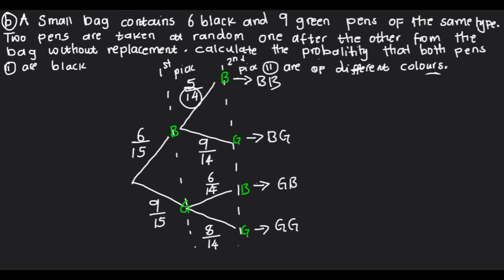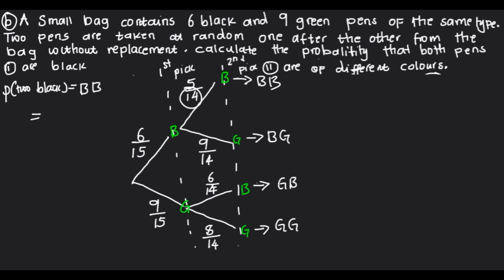Okay. Now, since we have this tree diagram, we can now go back to our first Roman numeral number 1. So the Roman numeral number 1, we want the probability that both are black. So we'll say 2 black. So from the 2 black, we can just look at this possible outcome where we have BB. So this is our answer.